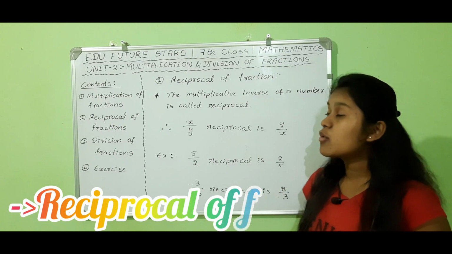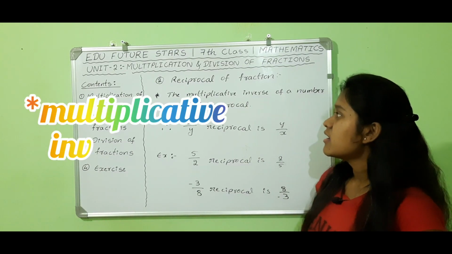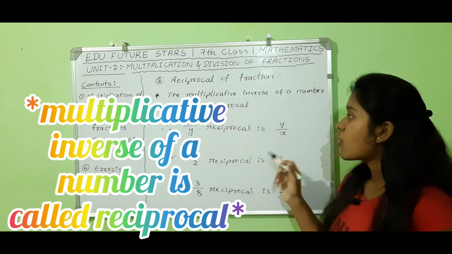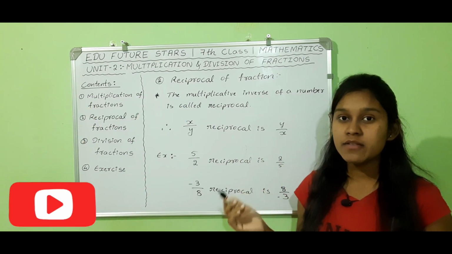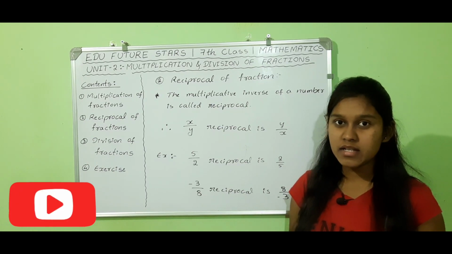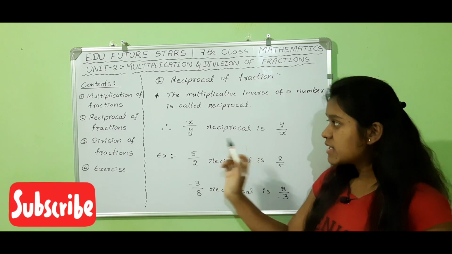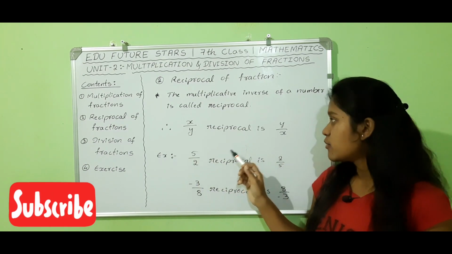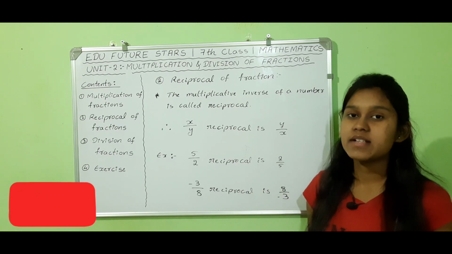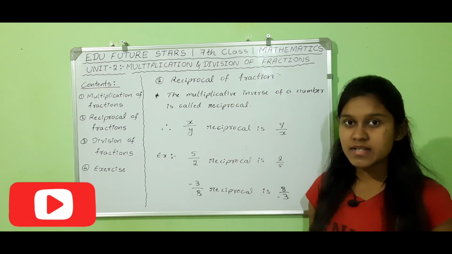See here, reciprocal of fractions. What is meant by reciprocal? The multiplicative inverse of a number is called reciprocal. Multiplicative inverse, we already learned in integers, right? See this example here, x by y, reciprocal is what? Y by x, it is just ulta. How can we say this is a multiplicative inverse?